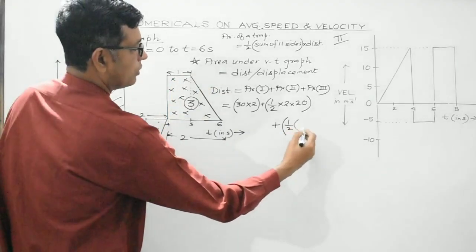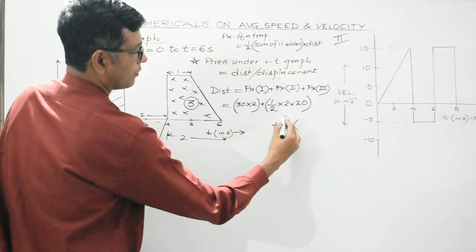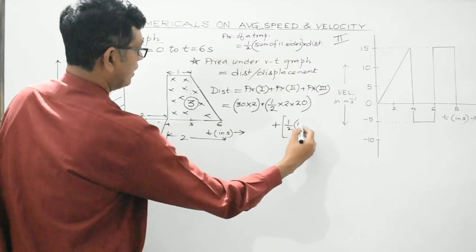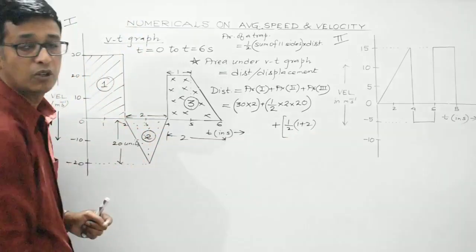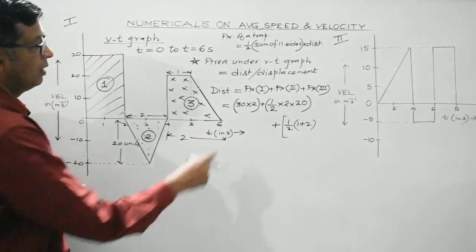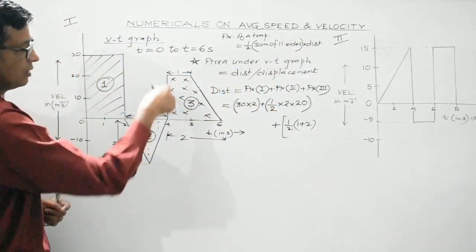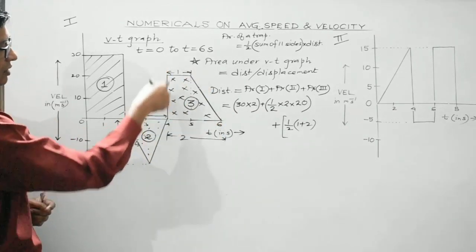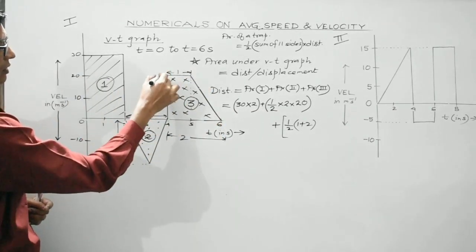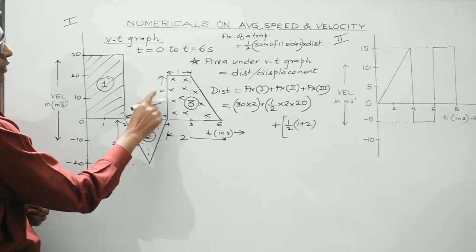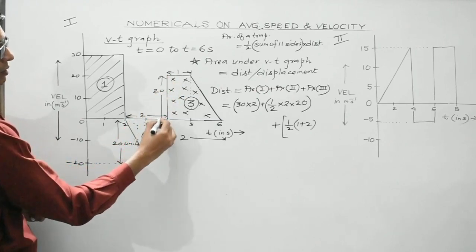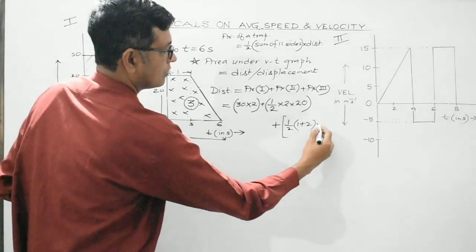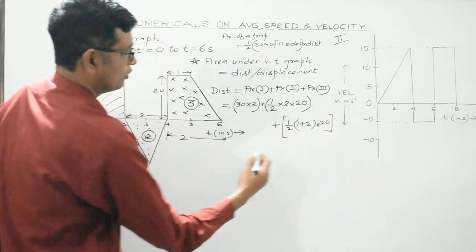So it will be half into 1 plus 2. This is the sum of two parallel sides multiplied by the distance between them. These are the two parallel sides and this is the distance between them. So what's the distance between them? It is 20 units. So let's solve it.